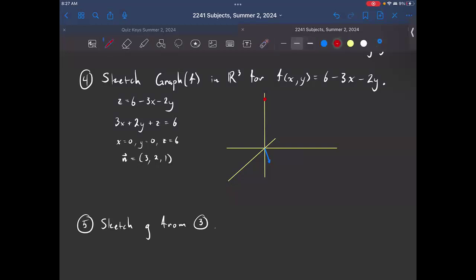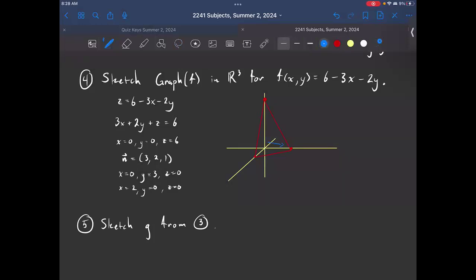So if x equals 0 and z equals 0, then y equals 3. And if y equals 0 and z equals 0, then x equals 2. So 2 right here, 3 right here, and now it's a little bit easier to draw my plane.